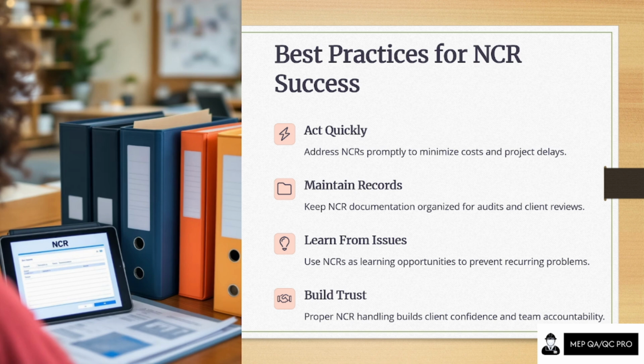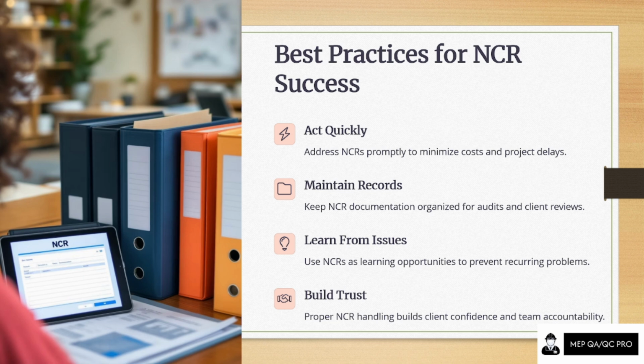See, NCR is not just a document. What you write on that paper is the most important content of that NCR. That document will represent you, the way you or your team close that NCR. So please, whenever you are making and closing the NCR, write it in a perfect way.